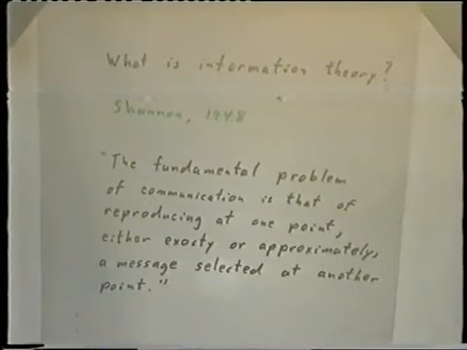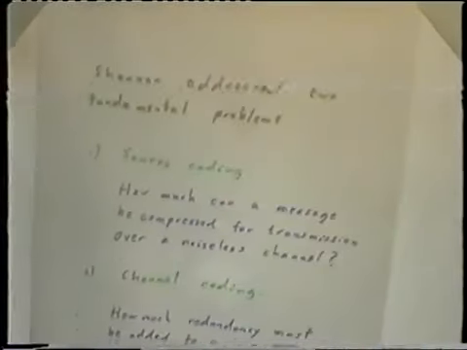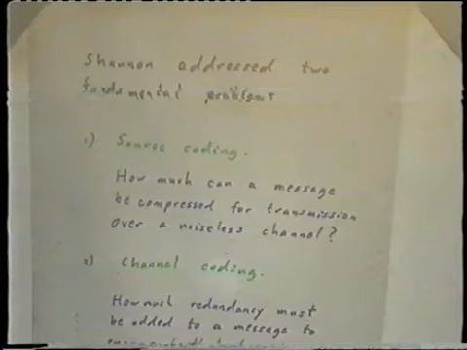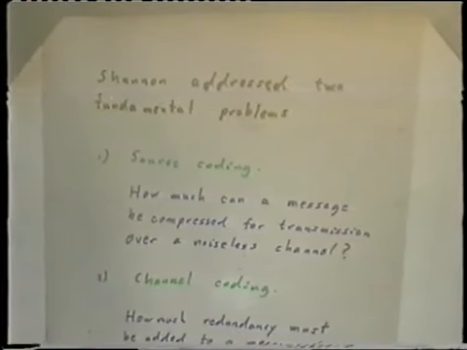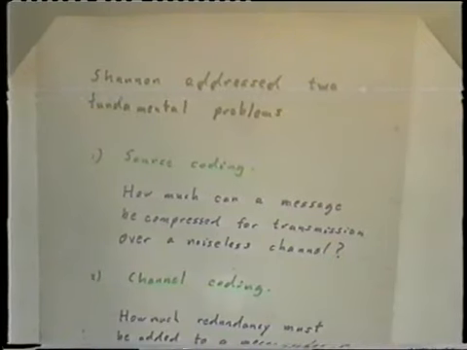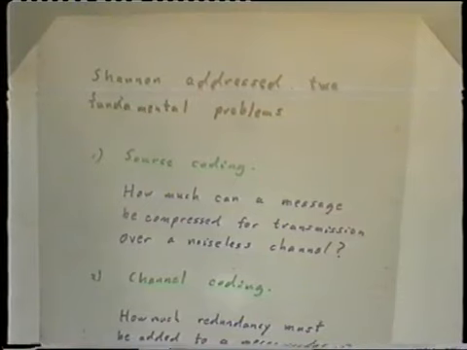And Shannon's paper addressed two fundamental problems. One was source coding, which asks how much can a message be compressed for transmission over a noiseless channel. So, if you have computers, you probably are familiar with these zip things, like gzip, which take a large file, and if it's English or something other than a bunch of random numbers, they compress it to a much shorter file.